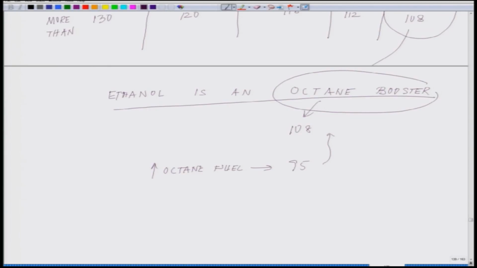So, the octane rating of gasoline essentially tells how much of the air fuel mixture can be compressed before it will spontaneously ignite.